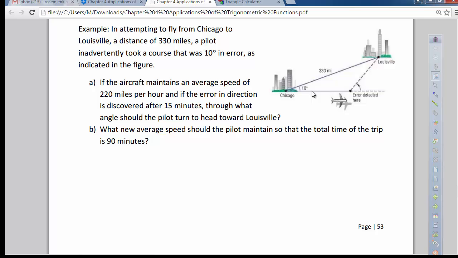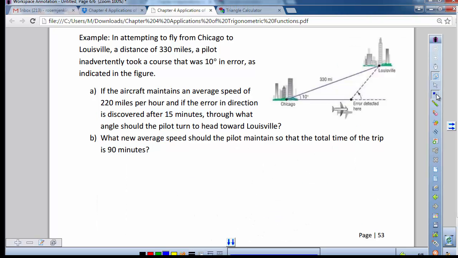All right, so we're interested in trying to find the angle that will correct his path after he's already been traveling for 15 minutes. So the first thing we need to do is try to figure out how far did he go. Of course, we know distance equals rate times time. And so we have a rate of 220 miles per hour.